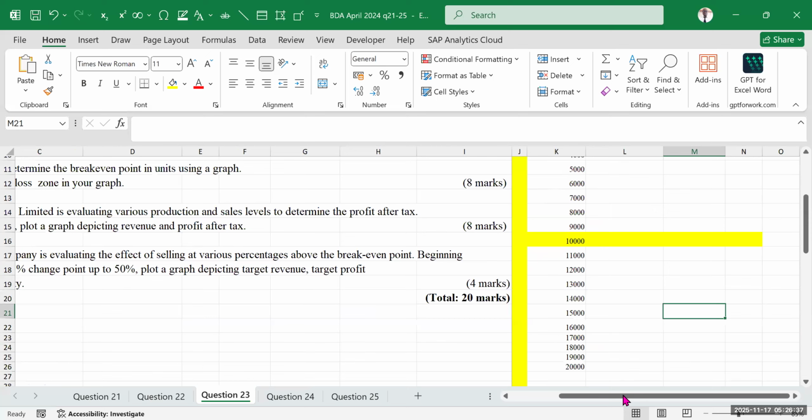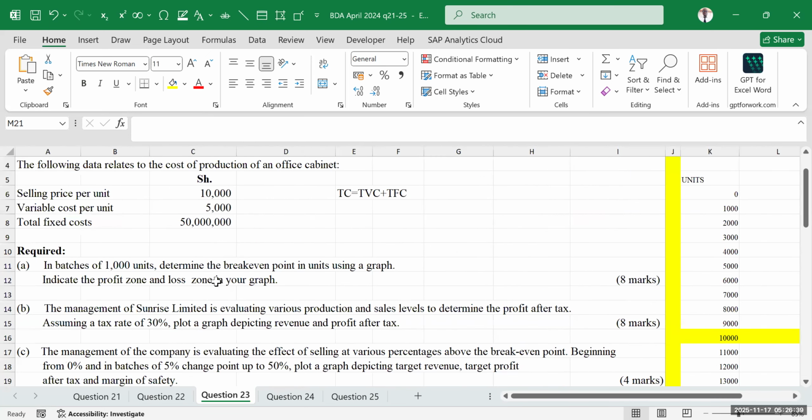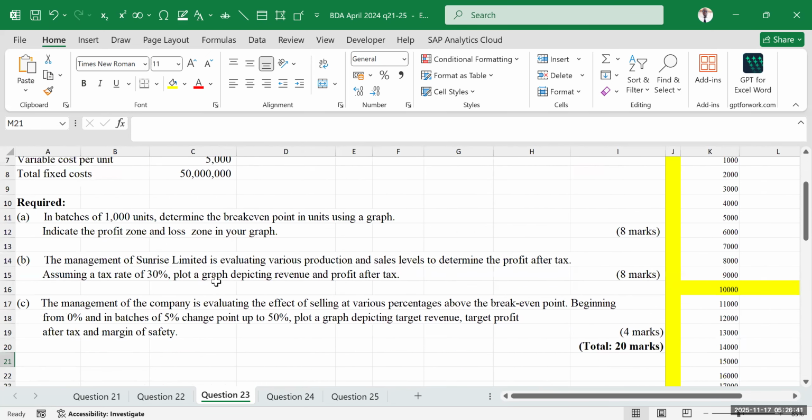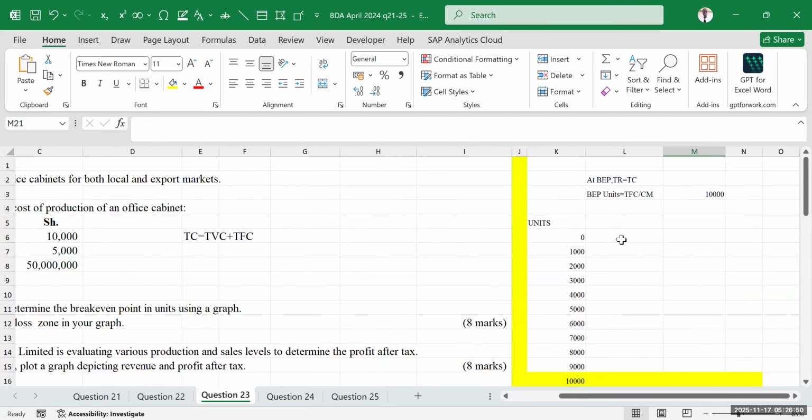Now, after that, did the examiner give us any other conditions? We were just told to determine the break-even point in units, and we indicate the profit and the loss zones. So no further complications. So it is us to ask ourselves, how do we compute break-even point in units? We already have the formula, meaning we need to bring on board this reminder that at break-even point, revenue equals cost.